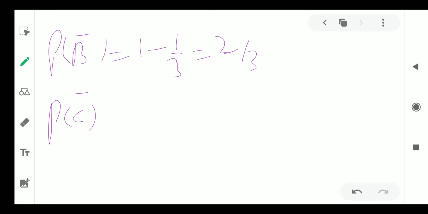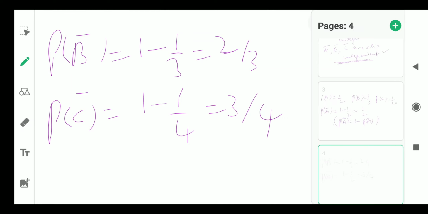Now similarly the probability of B not solving will be 1 minus 1 by 3, that is 2 by 3. Now similarly the probability of not solving by C will be 1 minus 1 by 4, that is equal to 3 by 4. Okay, right?